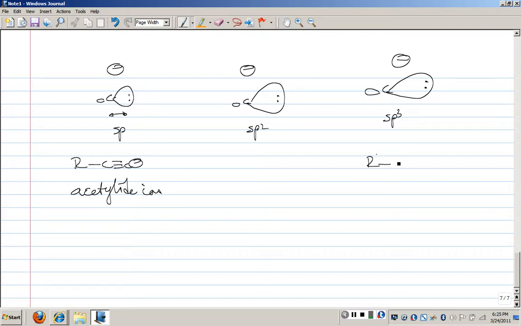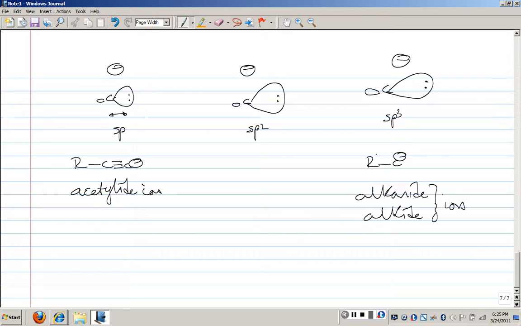So in the case of RC minus, this is the alkanide, or sometimes people call it the alkyde ion.